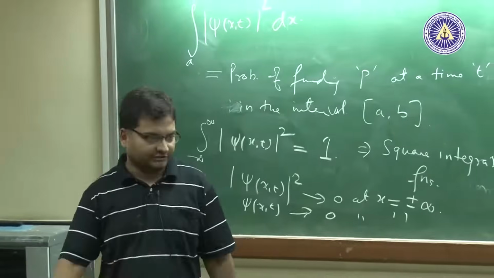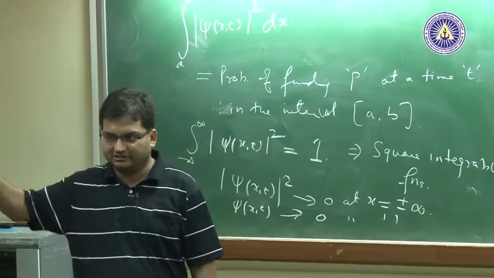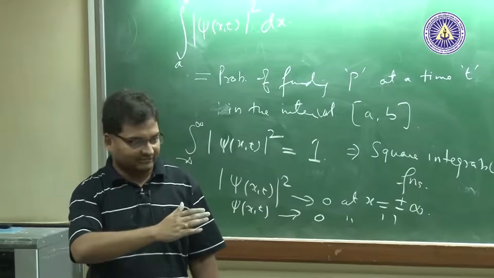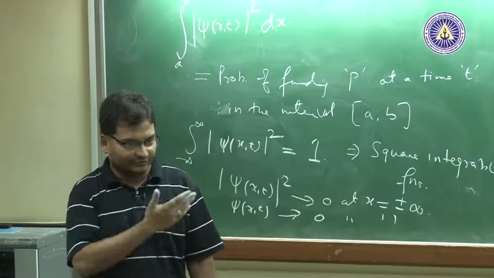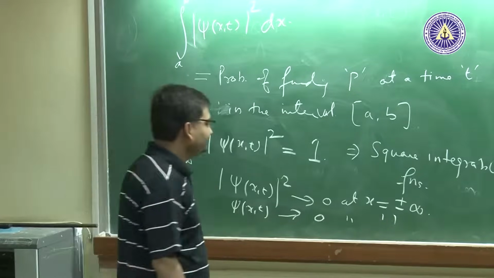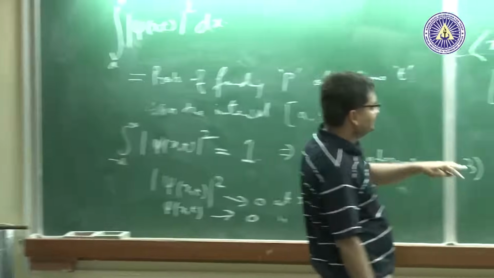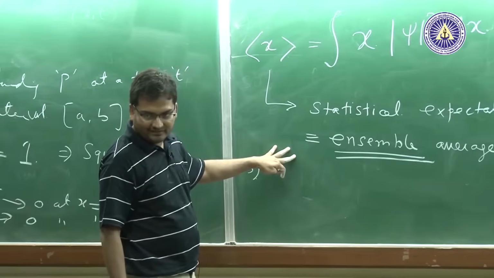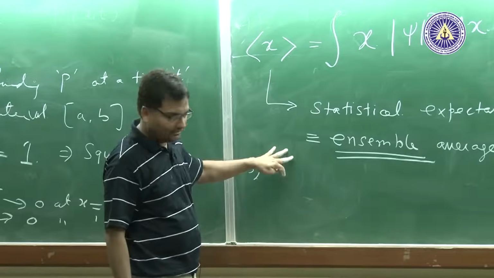If I do thousands of experiments, I measure x1, x2, x3, up to x thousand, and I do averaging with this probability distribution, this is what I expect to find. Is it fine?